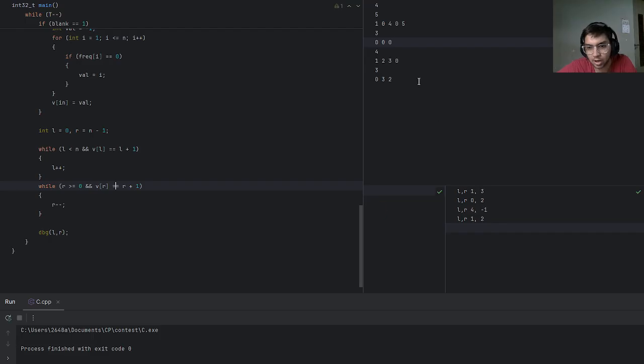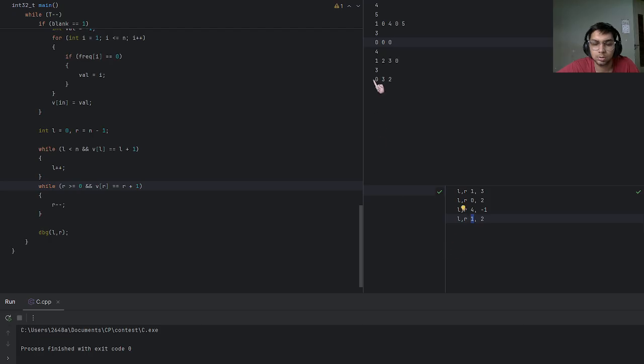It will be wrong, that will exit. 1 2 3, 0 1 2, 4 0 1 2 3, pull it out of bounds. So one, two, what's wrong with this?